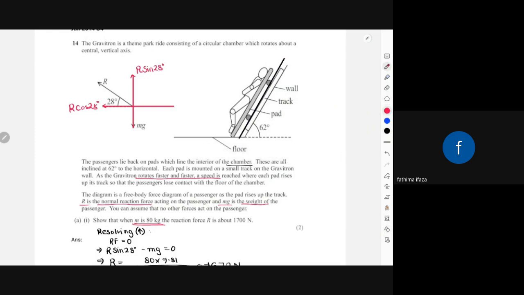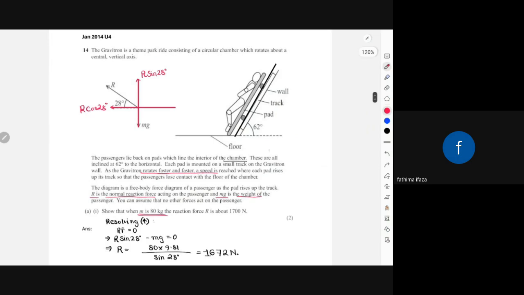In that sense, if this is 62 degrees, weight always acts vertically downward. And if this is where your particle is, this is going to create vertical weight. And then again, we're going to create a vertical component according to the plane and a horizontal component according to the plane. Right, that's what I was creating.